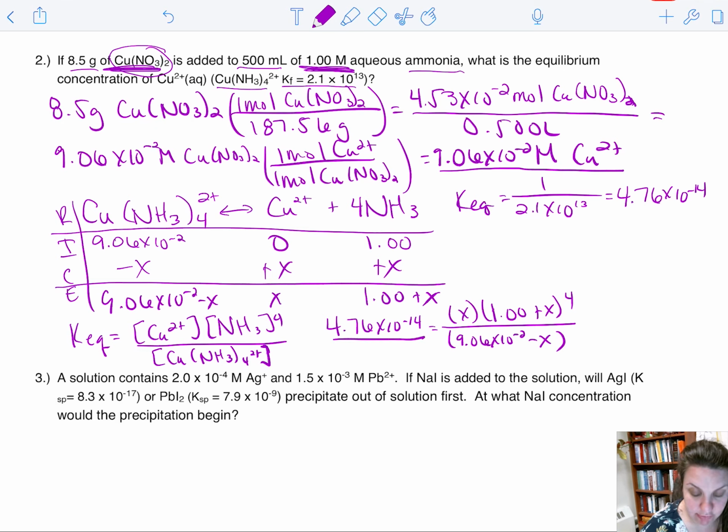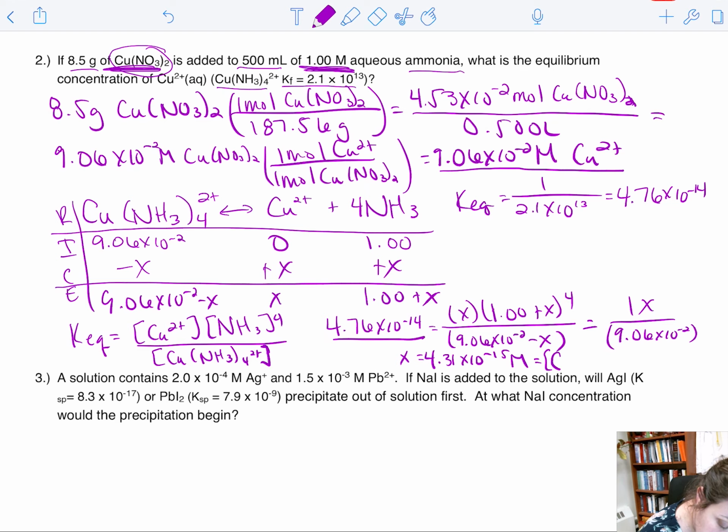This value allows us to use a small x approximation. So we get 1x over 9.06 times 10 to the negative 2. And then when we solve for x, we get an x value equal to 4.31 times 10 to the negative 15 molar, and that is equal to our Cu2 plus concentration.